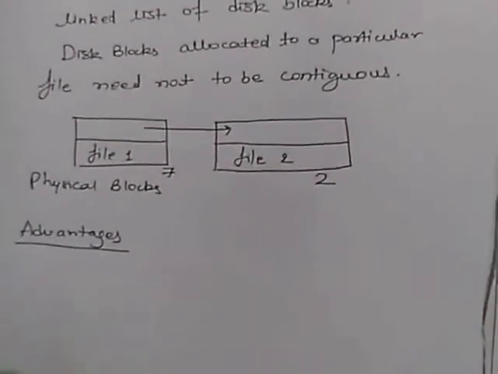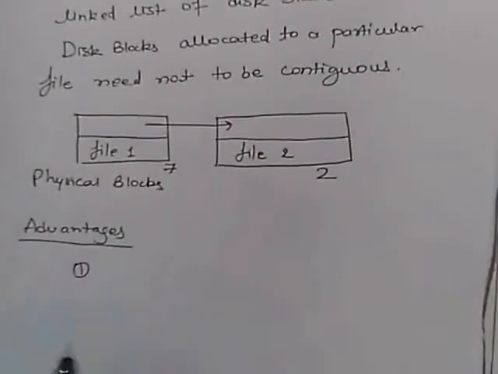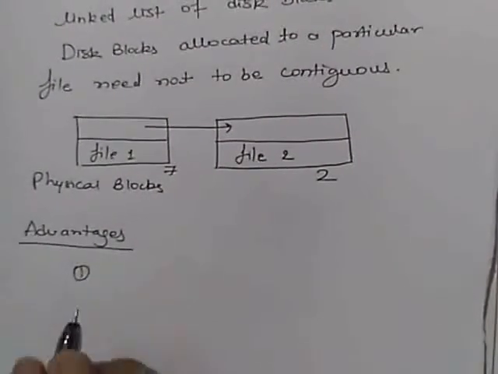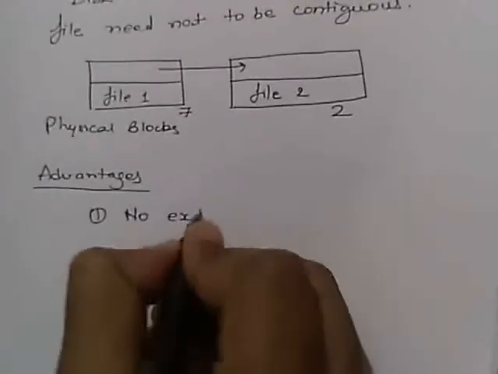Now let us take the advantages of linked list allocation. As we know that in contiguous allocation we will get a problem of fragmentation. Now in this, no external fragmentation.